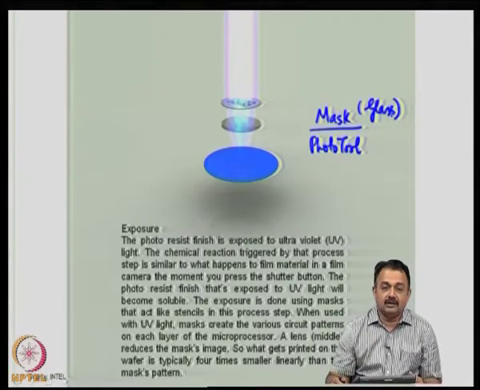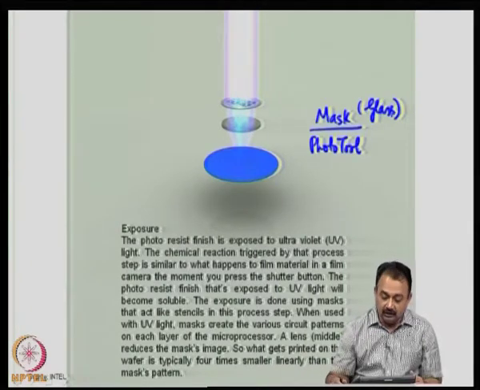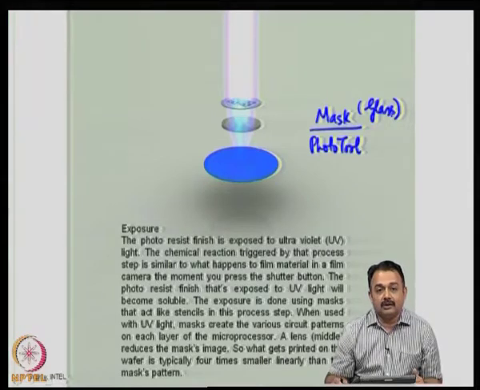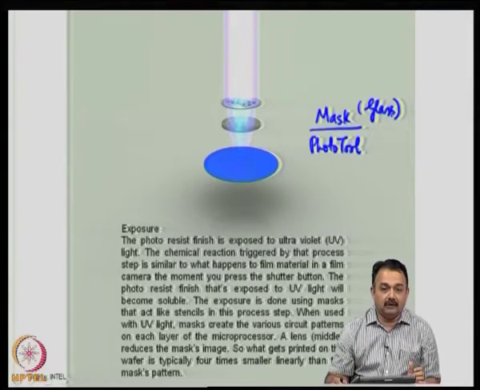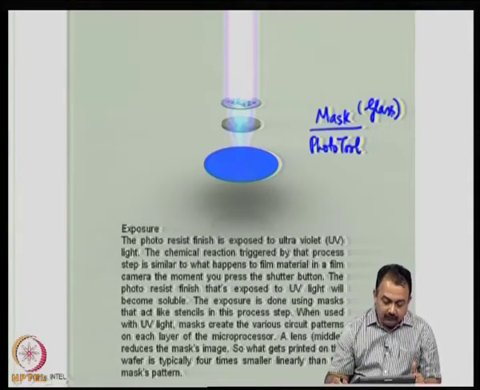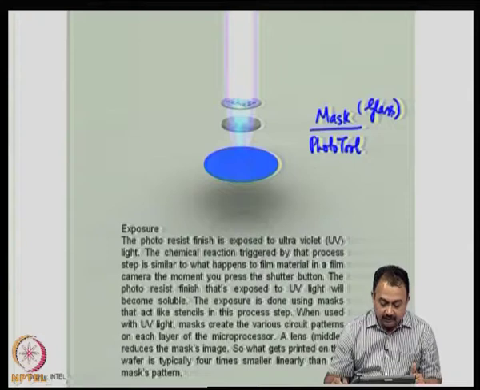So, those areas which require capture of the design circuit will be translated onto the photoresist using UV light. So, exposure here means exposing the photoresist to a particular source of light, typically UV light. So, the photoresist is exposed to UV light.